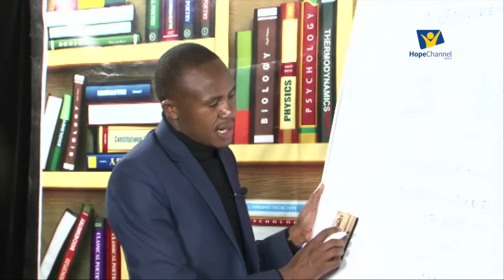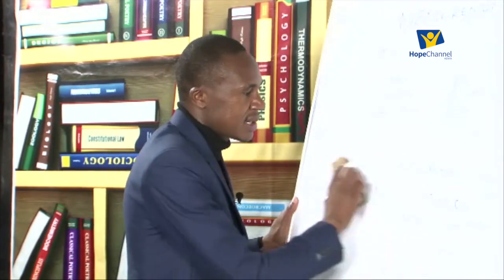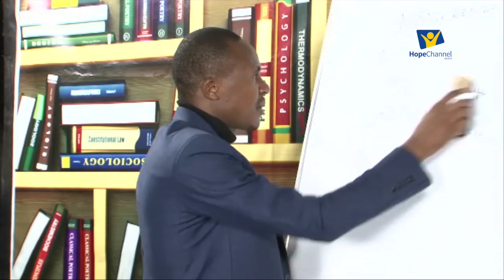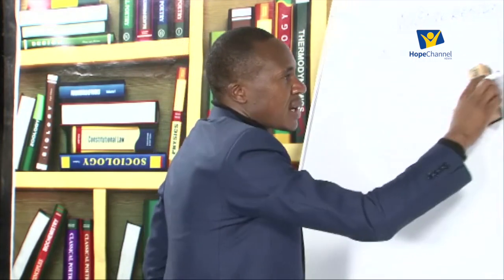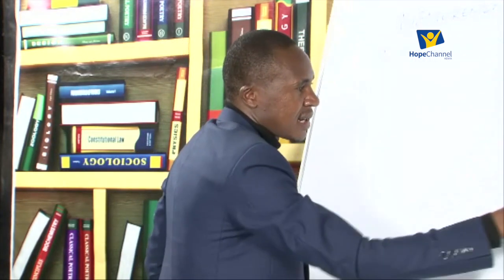Now, that will bring us to the end for now concerning the micrometer screw gauge. I wish us to discuss the second measuring instrument that we have at this level, and that measuring instrument is called a Vernier calipers.